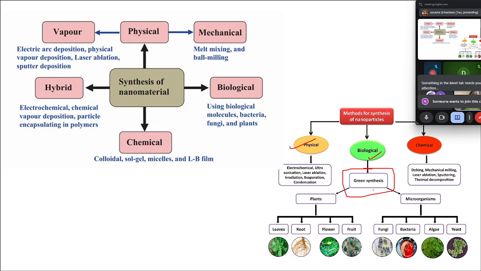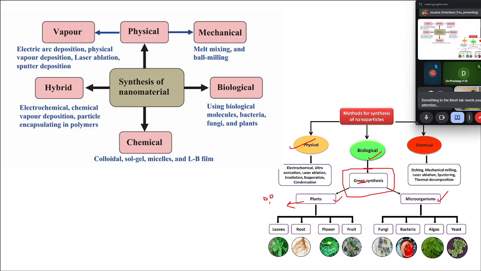Whenever we are talking about green synthesis, we'll also look deep into what exactly green synthesis means, like free of organic solvents, free of salts. In these cases, we basically use plants and microorganisms. You would have heard that plant extracts are being used for synthesis of different nanomaterials.